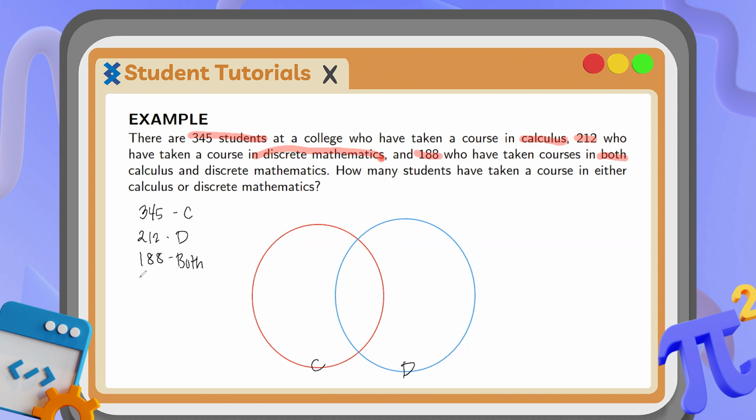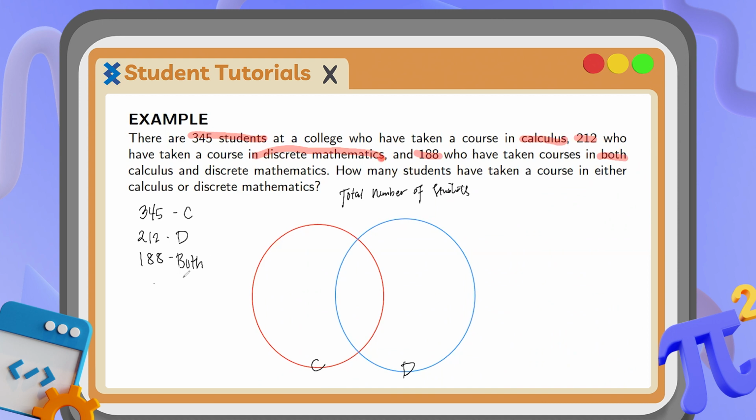So we're looking for those that have taken either calculus or discrete math, which would imply the total number of students, regardless of whether they took calculus only, discrete math only, or both. First, what we can do is start from the more specific sets, going to the more general sets.